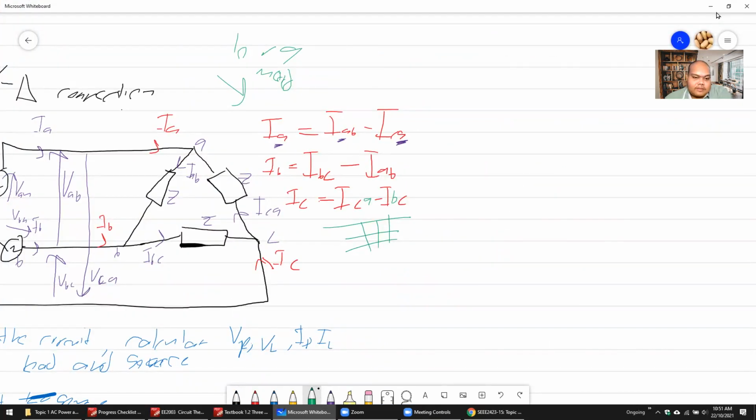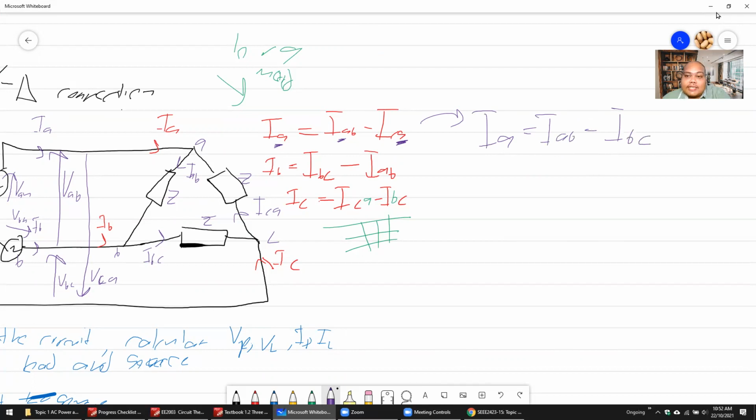Basically, I line is equal to I phase times something. We just take this one, a simple one: IA is equal to IAB minus IBC.